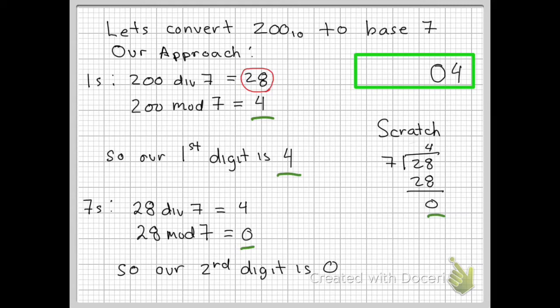Now, note that in the first case, we found 28, and we circled that in red, and we used that number for our second calculation, 28 div 7. Now, for our third calculation, for the 7 squared calculation, or the 49, we're going to use 4.